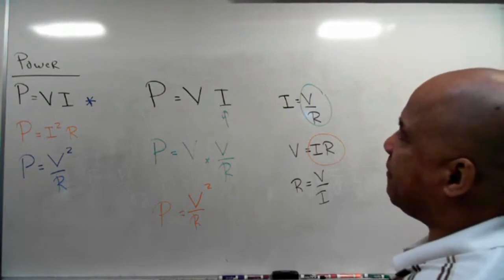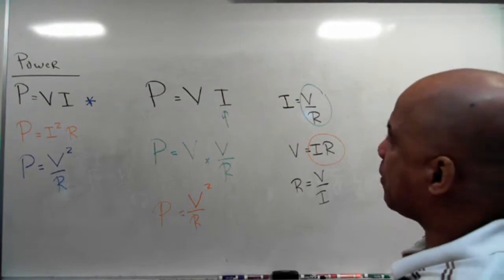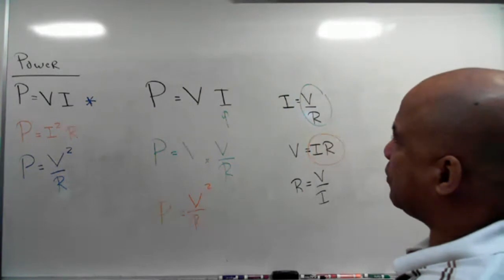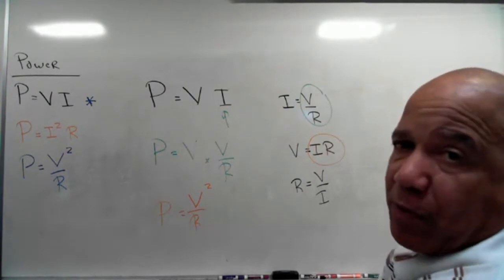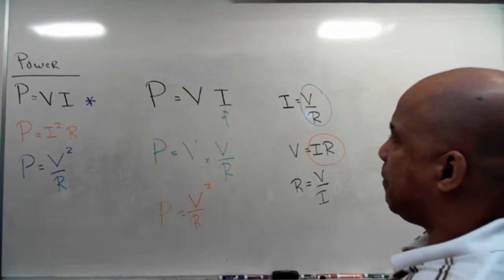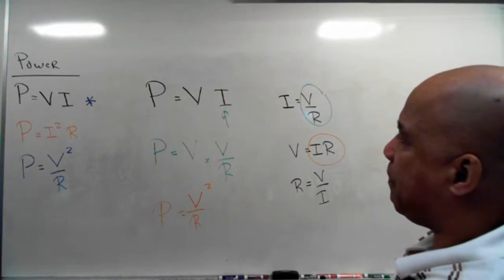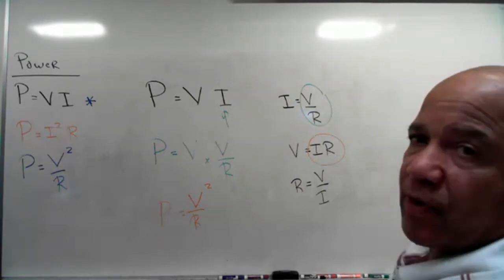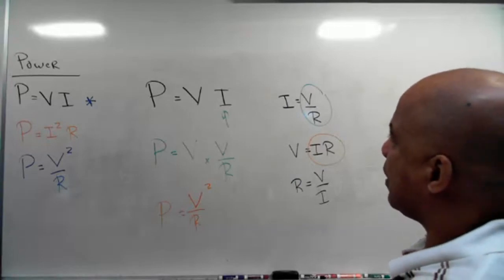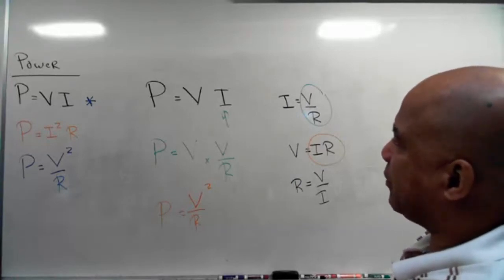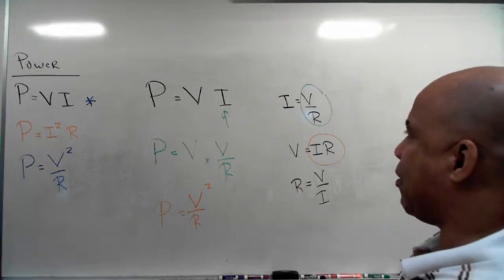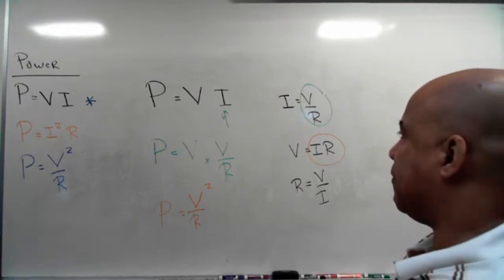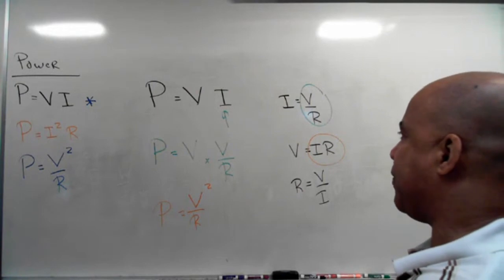Okay, so we define power as a rate of doing work or a rate of converting energy from one form to another. I showed you equations for both of those: P equals E over T and P equals W over T, where E is for energy and W is for work. We talked about what it means to have a time rate of change. That means T is on the bottom. The unit for power is a joule per second, but we define the joule per second to be 1 watt.